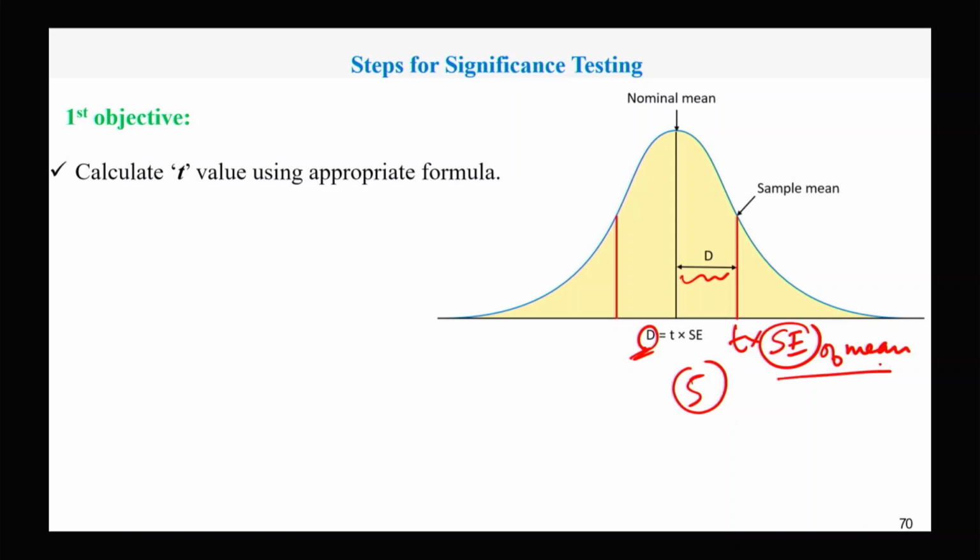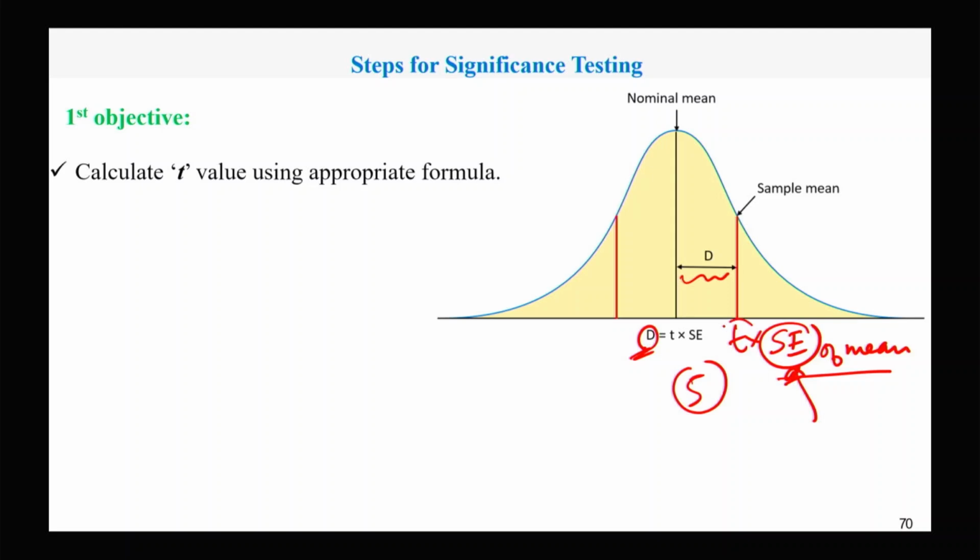As we have already discussed, standard error depends on the number of samples we are taking, or the standard deviation of the population, how much the data is varying. So standard error is a sample-specific value, and you cannot target it.